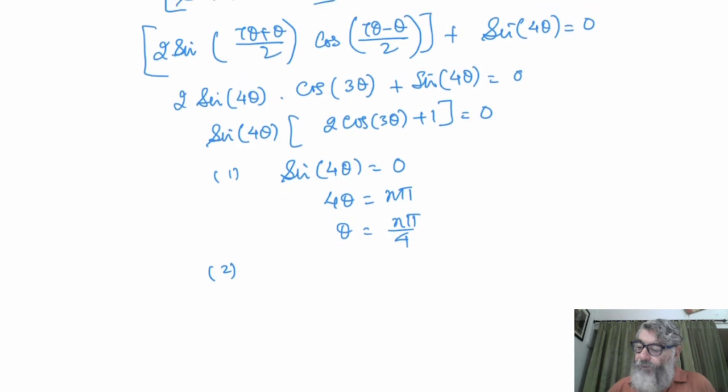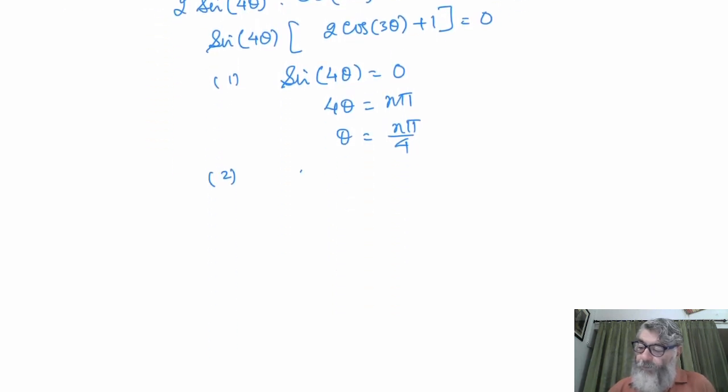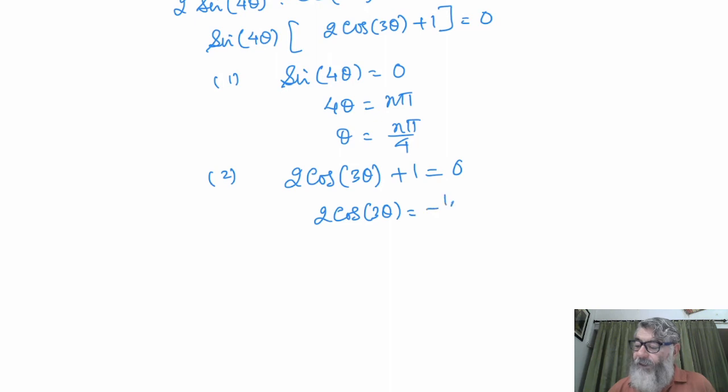Now 2 cos 3 theta plus 1 is equal to 0. So 2 cos 3 theta will be equal to minus 1, and cos 3 theta will become equal to minus 1 upon 2.